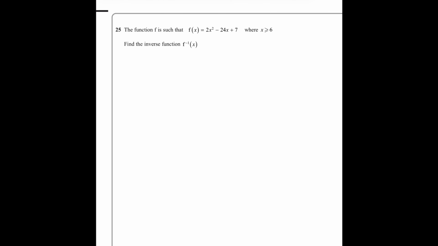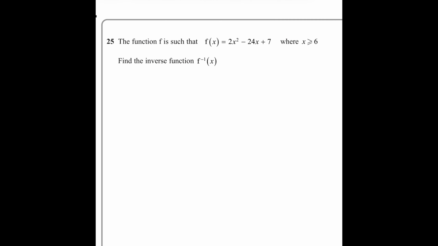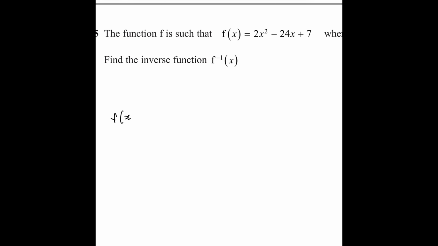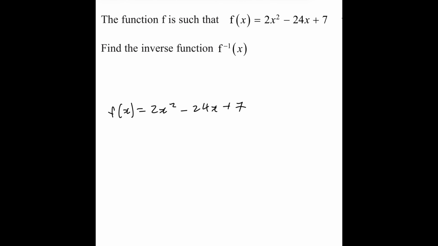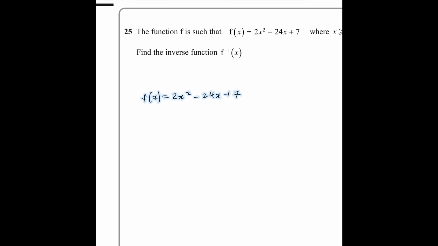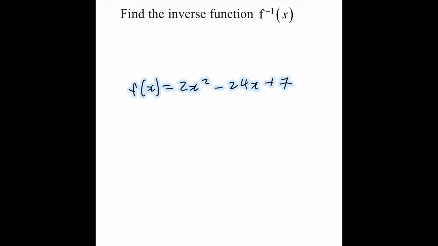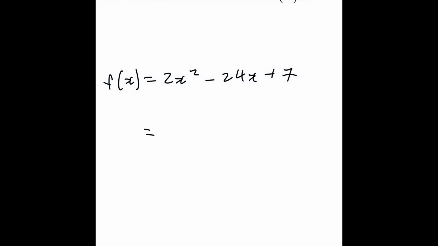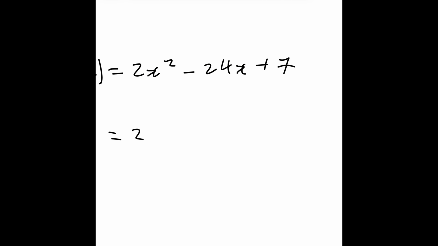All right, next, I believe this is the final question. It's a functions question. And we have to find the inverse function of f(x) is equal to 2x squared minus 24x plus 7. Right, so let's write that down. What we want to do here is, first, I think it's good to complete the square.